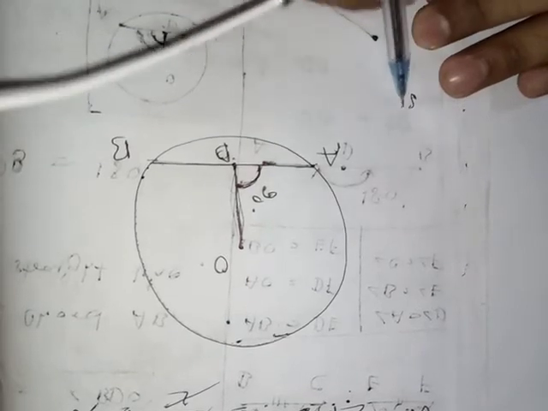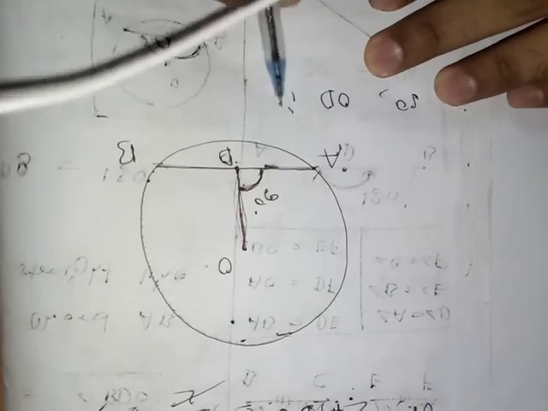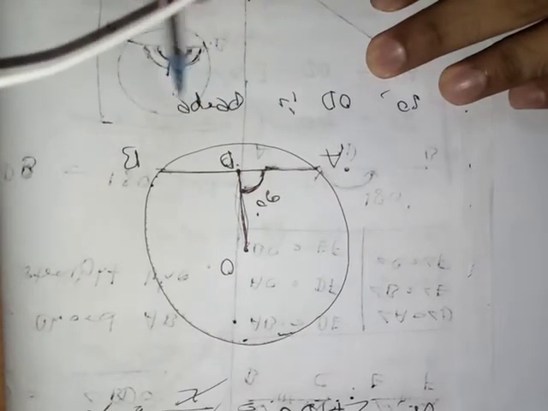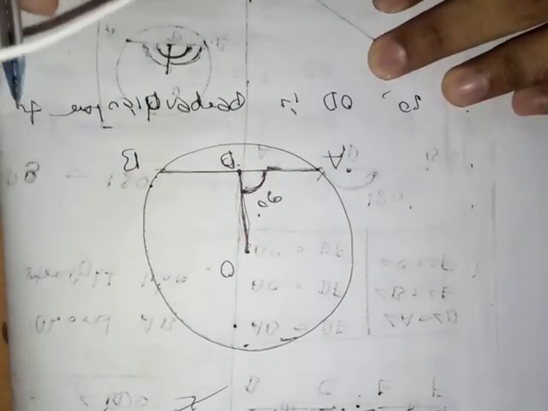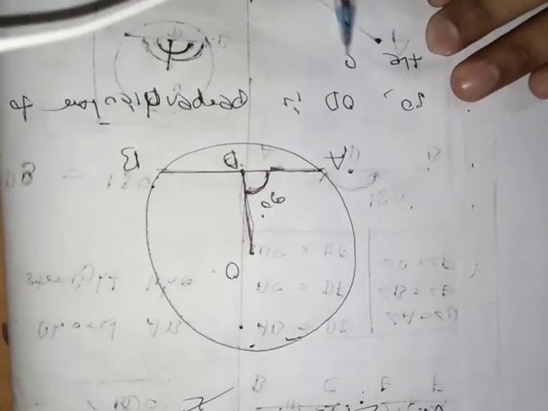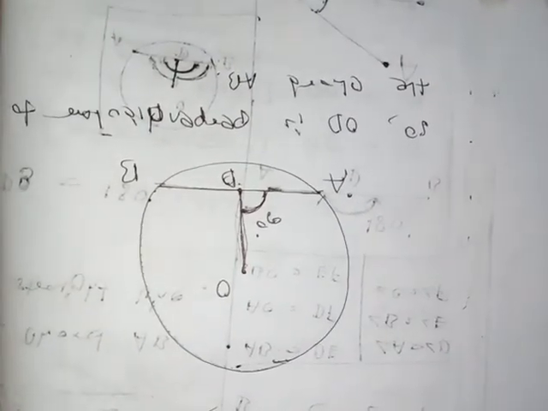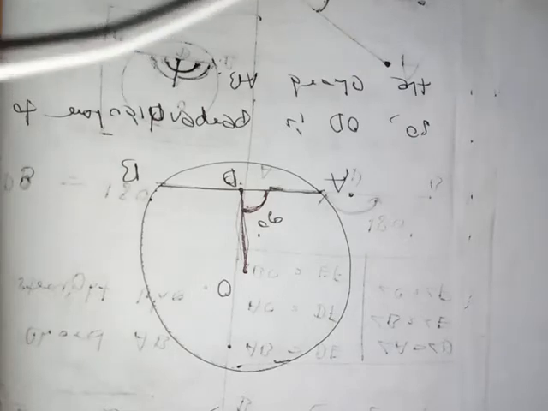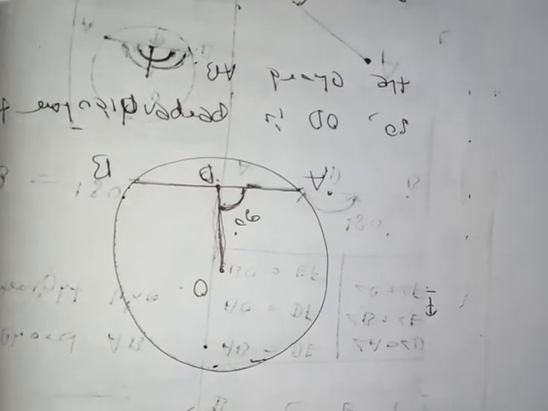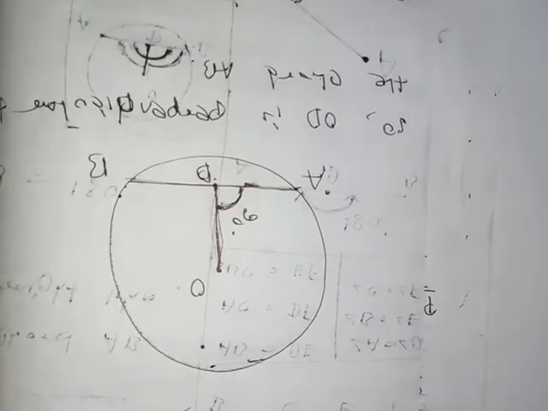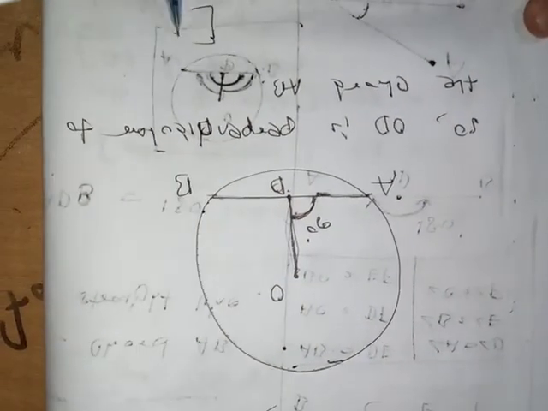So we can write, OD is perpendicular to the chord AB, and this is what we had to prove. We have proven that logically, and this is the end of this theorem. This is proven.